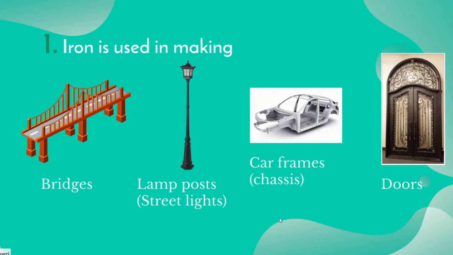Iron is used in making bridges, such as the picture you are seeing right now, lampposts, which are street lights, car frames or cases, and doors. These are applications that we use in our daily lives. They are made of iron because iron is a good conductor of heat and electricity, malleable, has metallic luster, and has high melting point and boiling point.